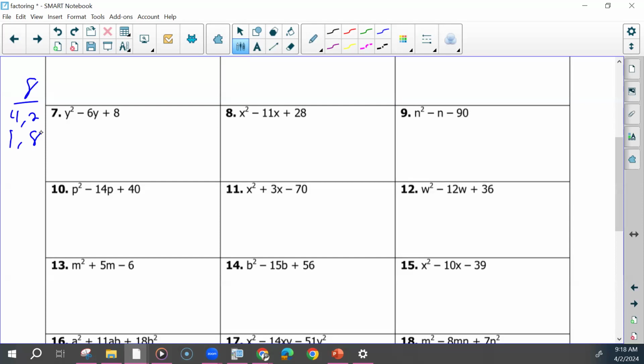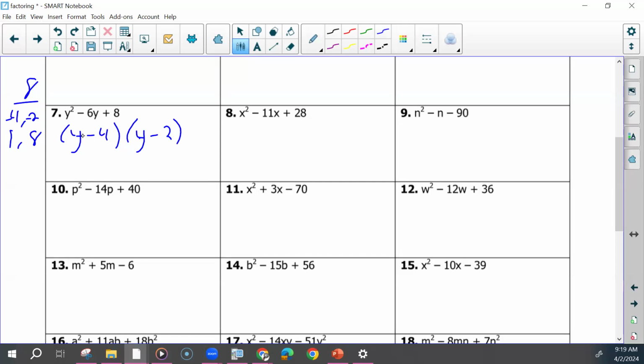Make them both negative. Because 2 negatives multiplied would get a positive, 2 negatives added would keep this negative. So it'd be y -4 and y -2. So anytime you see a negative plus, both of them are going to be negative.